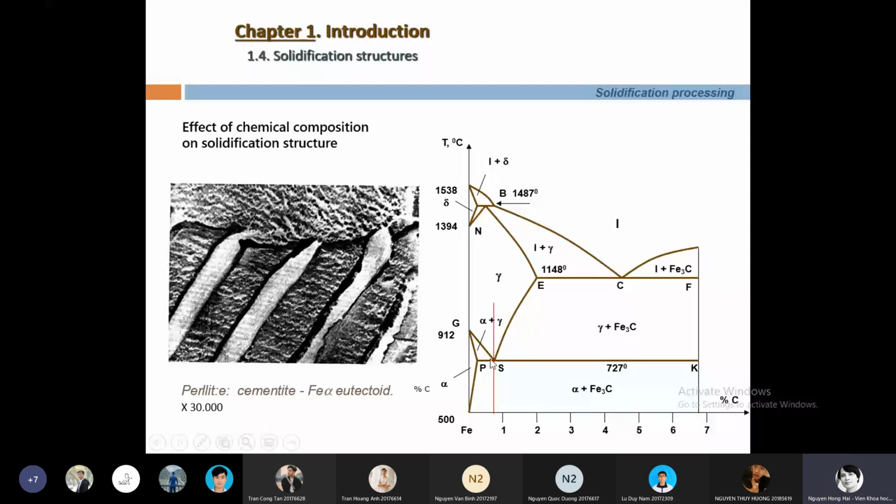Through the eutectoid reaction from austenite, we have ferrite plus cementite. This is the pearlite. We have cementite like this, here cementite, and here we have the ferrite, and they grow from the austenite.